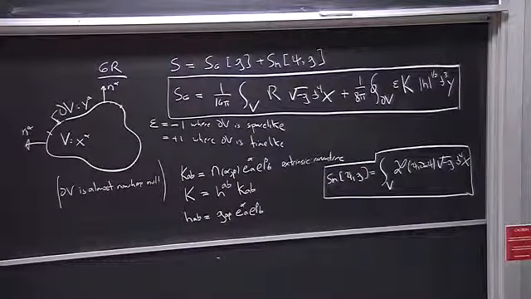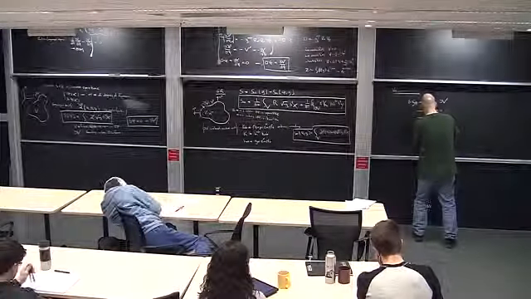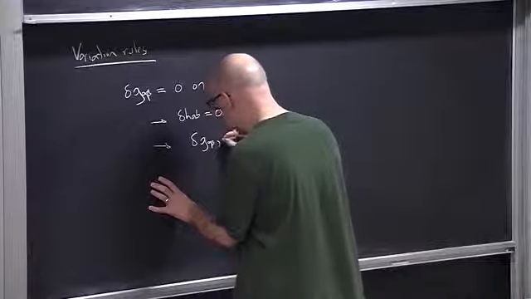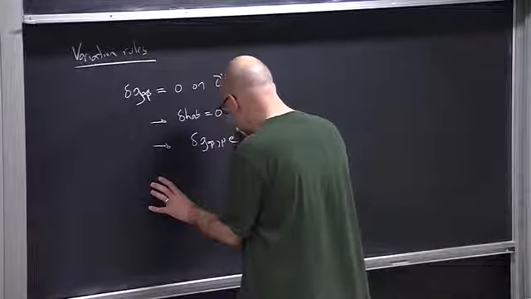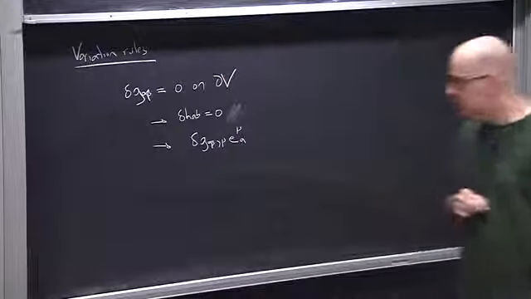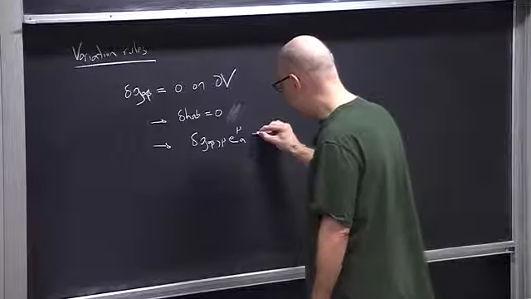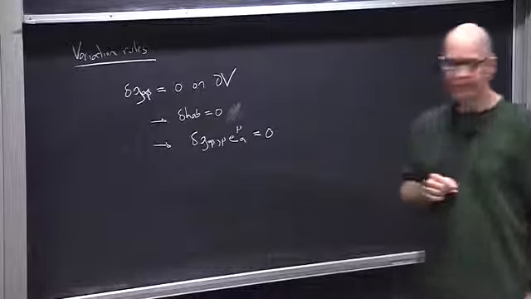So what I'm really trying to say is that if I take a variation of the metric and I calculate its tangential derivatives, this has to vanish.